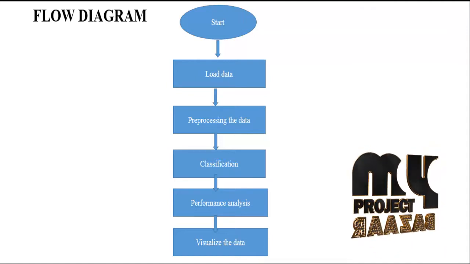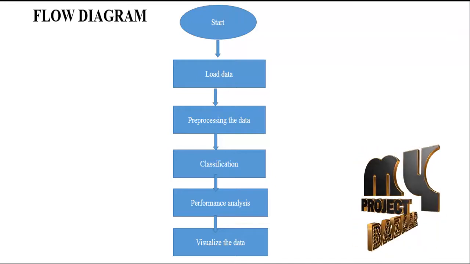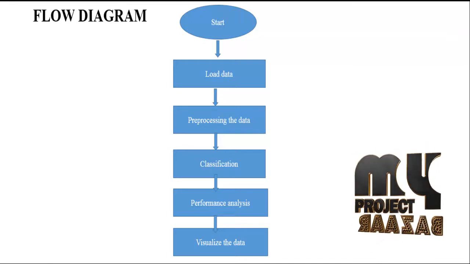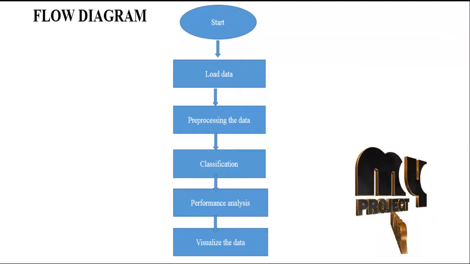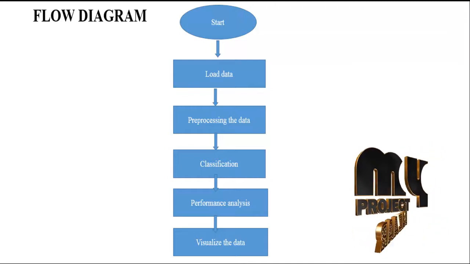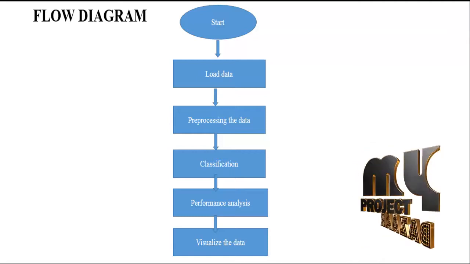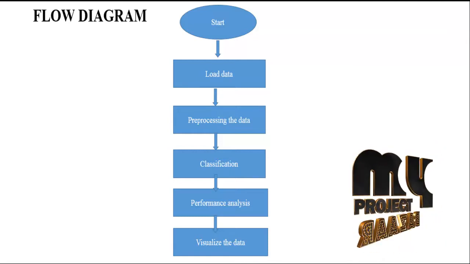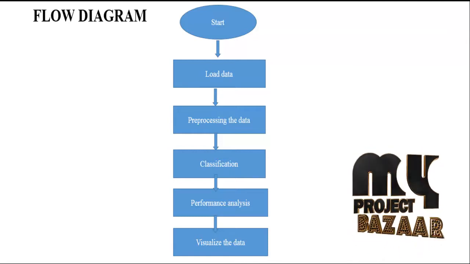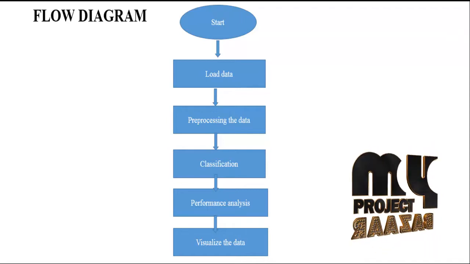In this step, we have to implement handling missing values and label encoding techniques. The missing values step means if there are any missing values present in our dataset, we have to replace the missing values by zeros or NaN values. Then we have to implement the label encoding.